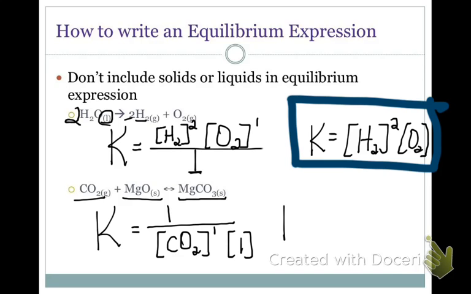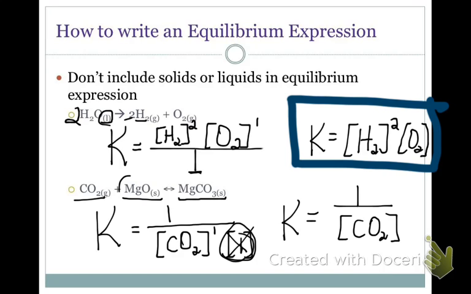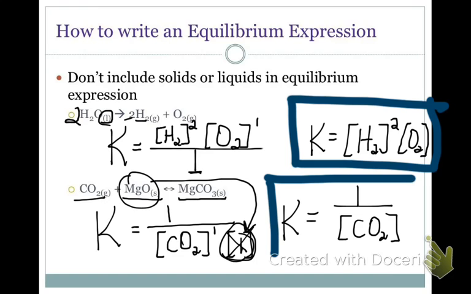To simplify this, you can write out K is equal to 1 over the concentration of CO2. I got rid of this second 1 because that was supposed to represent the MgO solid, but we don't put solids or liquids inside an equilibrium expression, so I could just make it 1, and anything multiplied by 1 is just itself. So this is a simplified equilibrium expression for the second reaction.